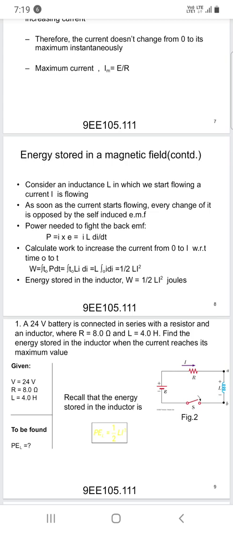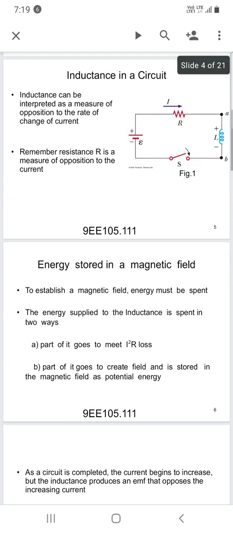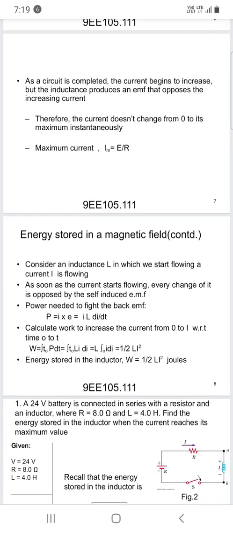As soon as the current starts flowing, every change of it is opposed by the self-induced EMF. The power is needed to fight the back EMF.